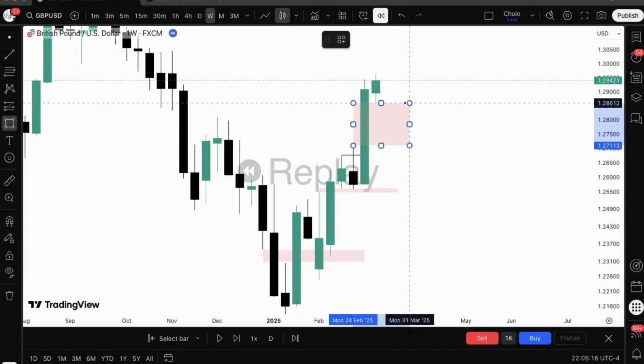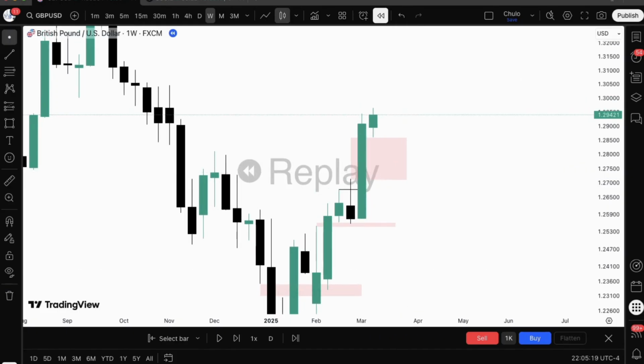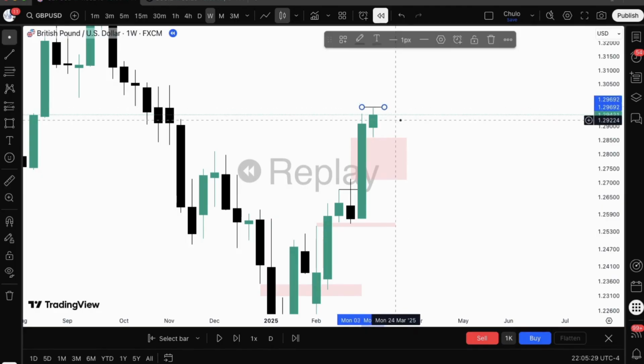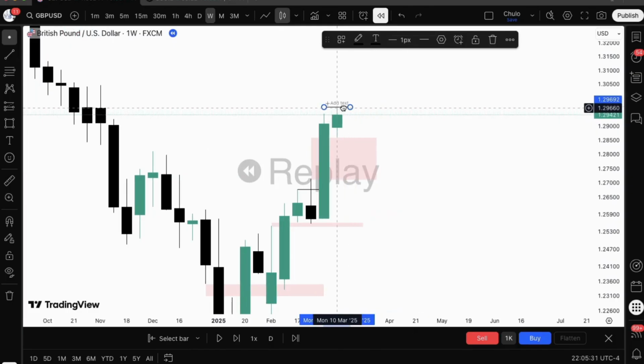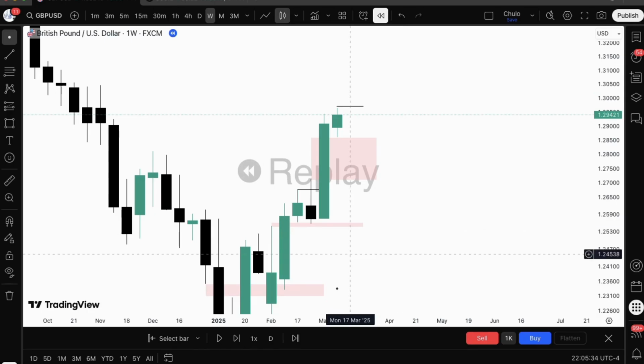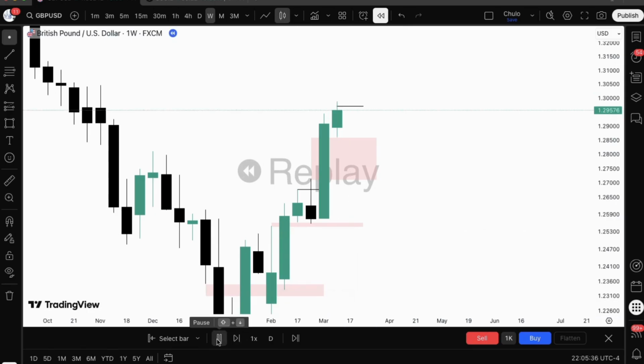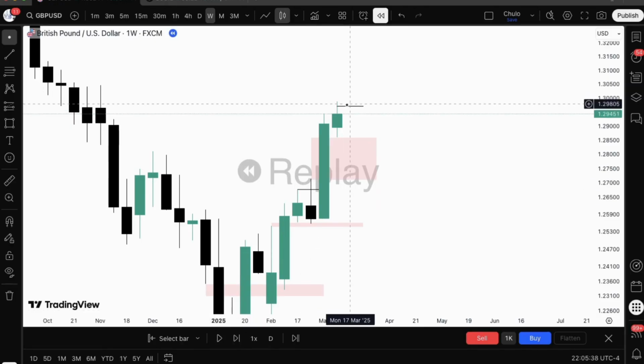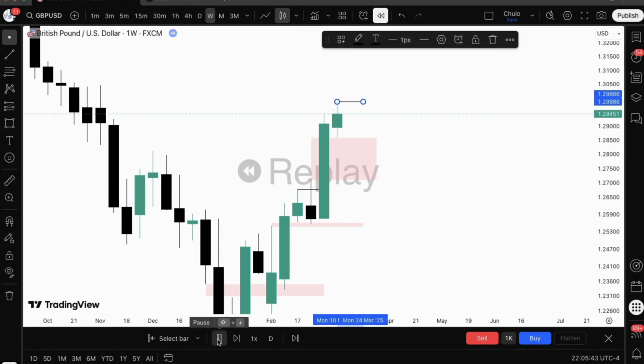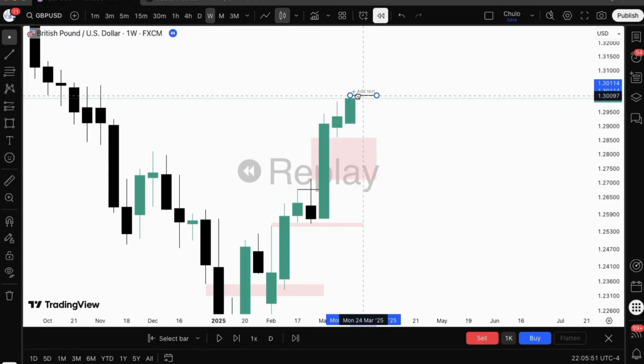We have another internal range liquidity, and we have our external range liquidity. So let's see what happens. Adjusted more, our external range liquidity. Adjusted, we have another external range liquidity.